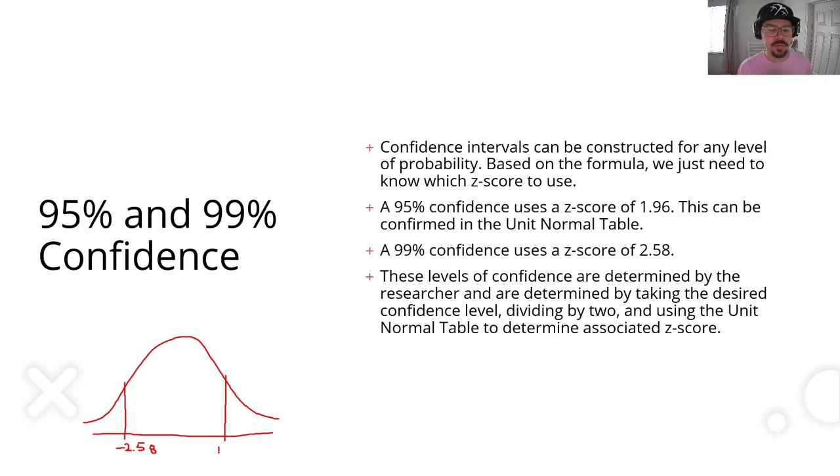Minus 2.58 plus 2.58. The reason that 99% confidence uses a z-score of 2.58 is because 99% of the population exists between these two scores.